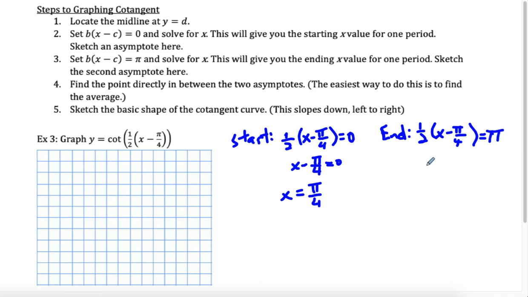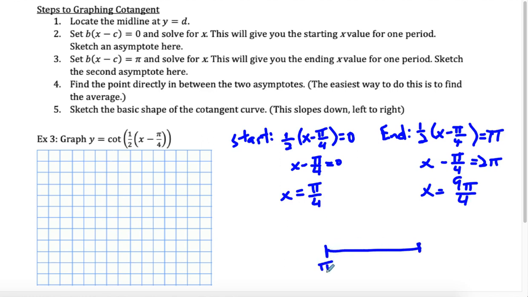Multiply both sides by 2. Add pi over 4. And so this would be 8 pi over 4 plus 1 pi over 4, which is 9 pi over 4. So those are where my asymptotes would be.